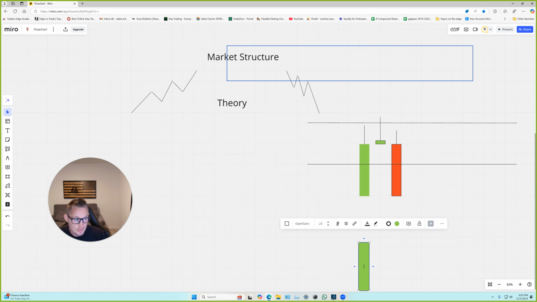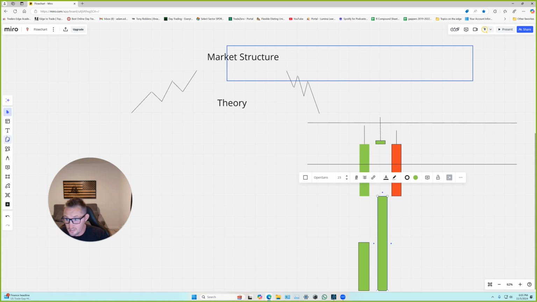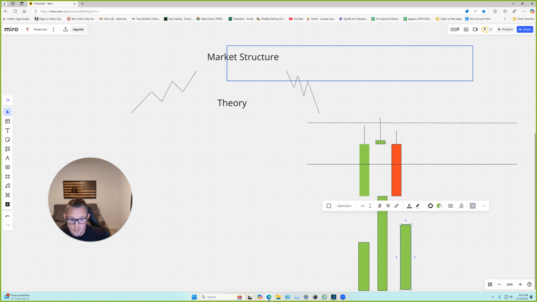Well, then the next one, the doji candle, is even higher. And then this one is high, but it's red.